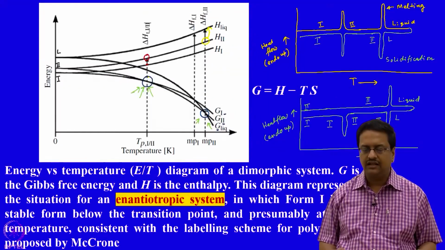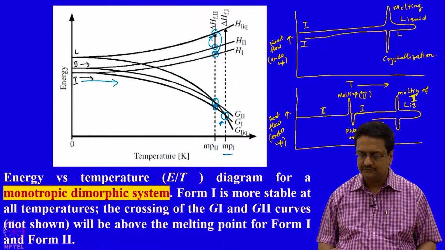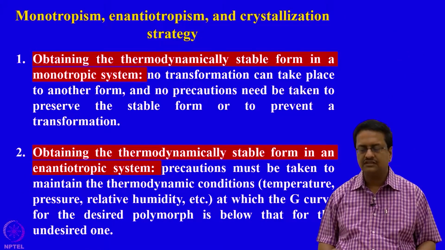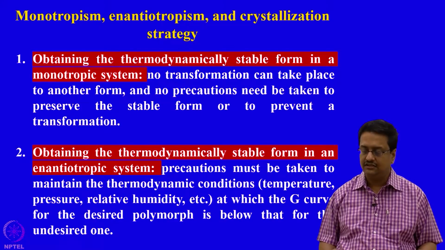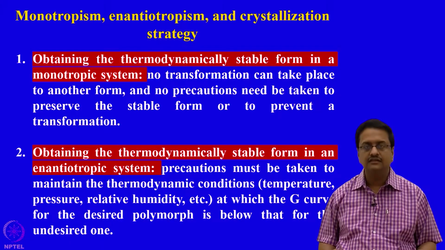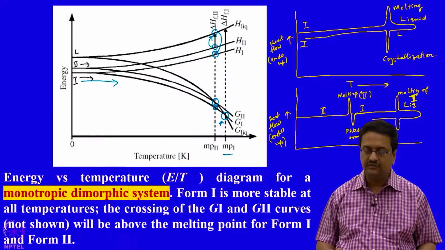How to obtain the thermodynamically stable form in an enantiotropic system? Remember, in the enantiotropic system, the G curves of form 1 and form 2 intersect at an intermediate temperature. So, precautions must be taken to maintain the thermodynamically stable conditions, the temperature, pressure, relative humidity, etc., so that the G curve of the desired polymorph is below that of the undesired polymorph.